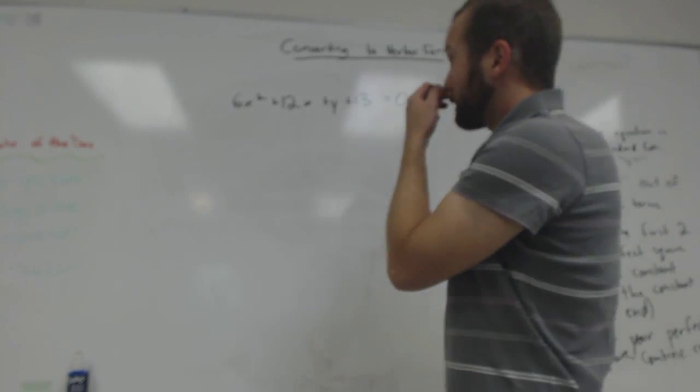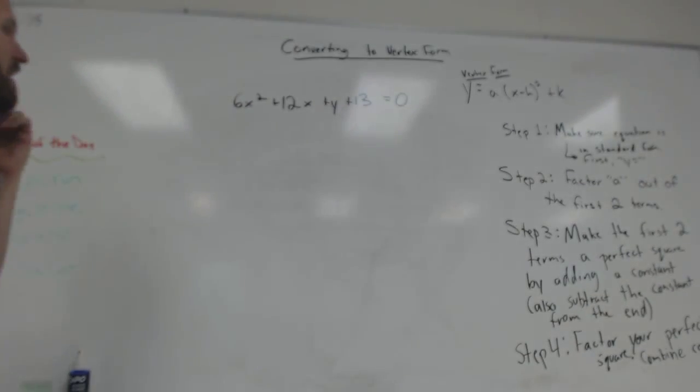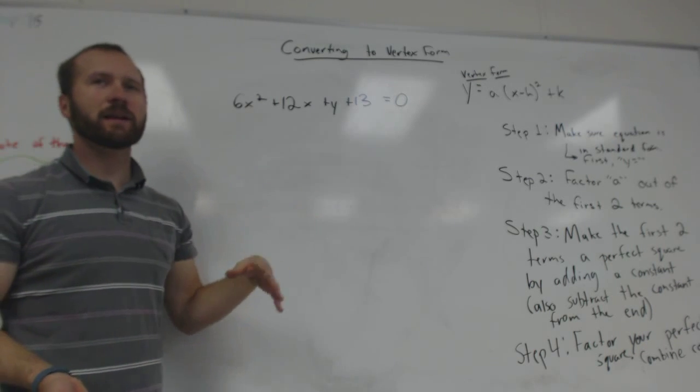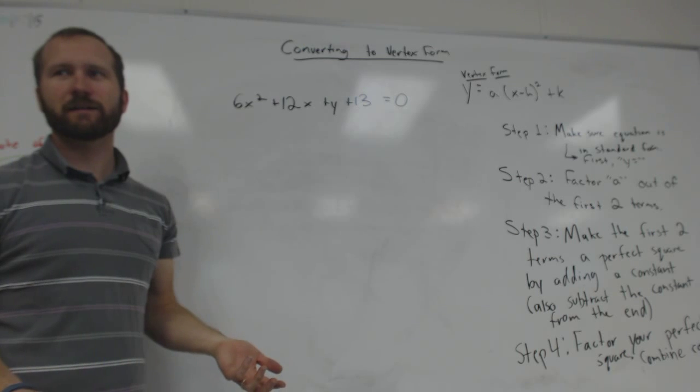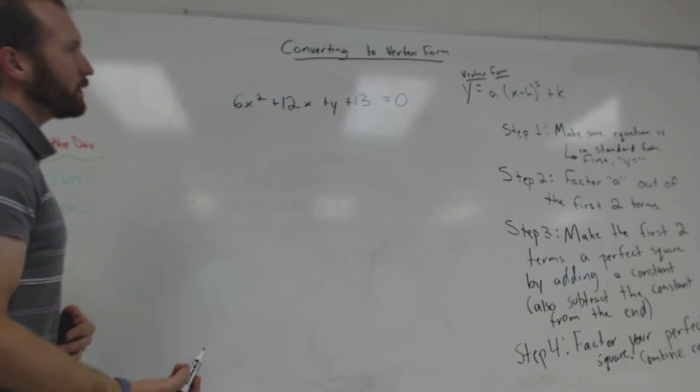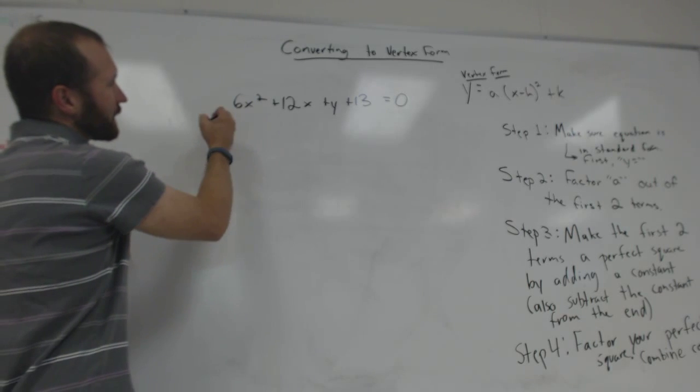Number 6, okay. So first thing I need to do here is get standard form. So I'm going to get y equals, right? I could subtract y, but then I'm going to have negative y. But then you can multiply everything by -1. Yeah, that's one way of thinking about it. I would just think about it as subtracting everything else.